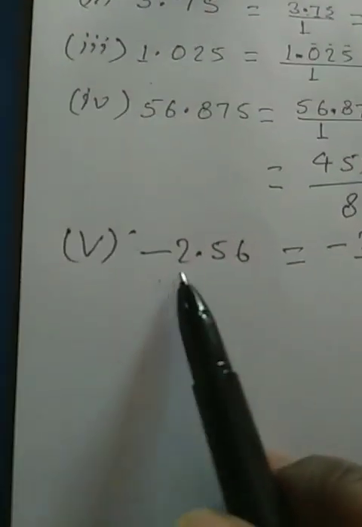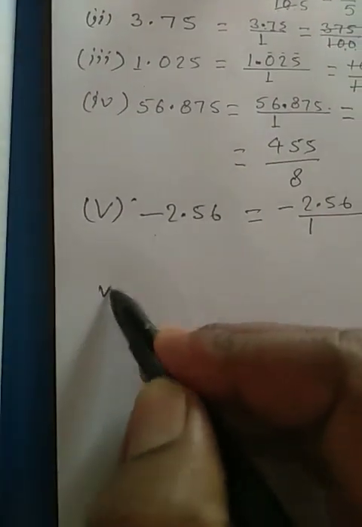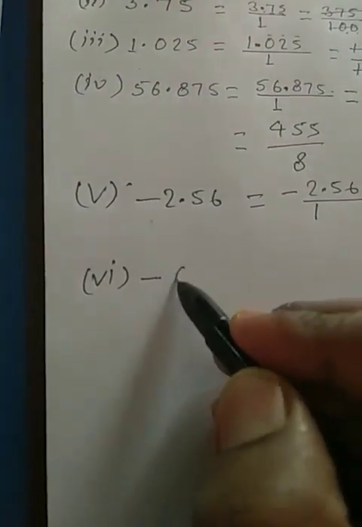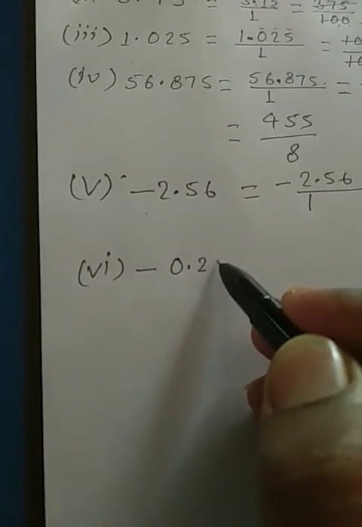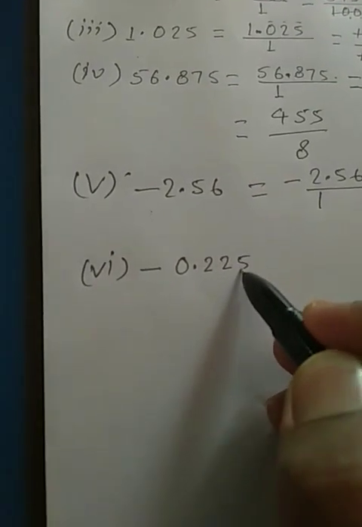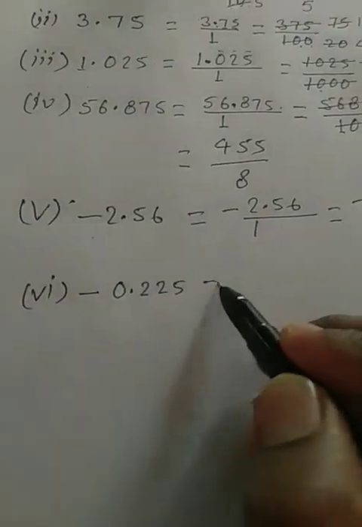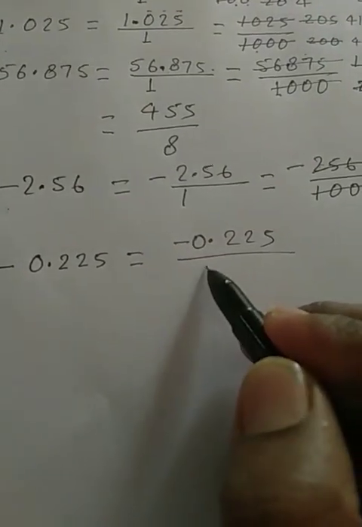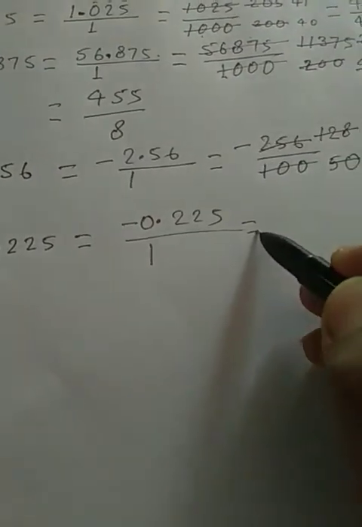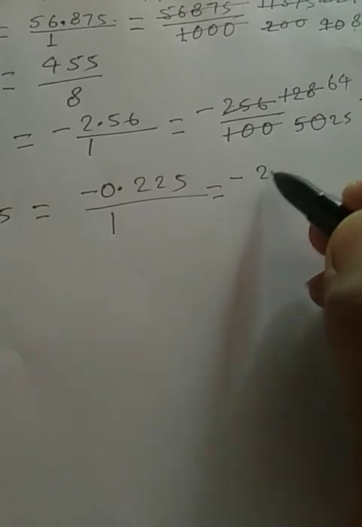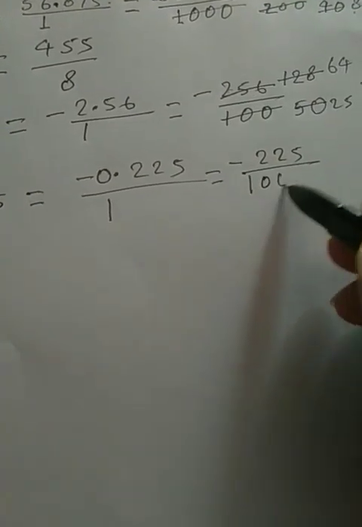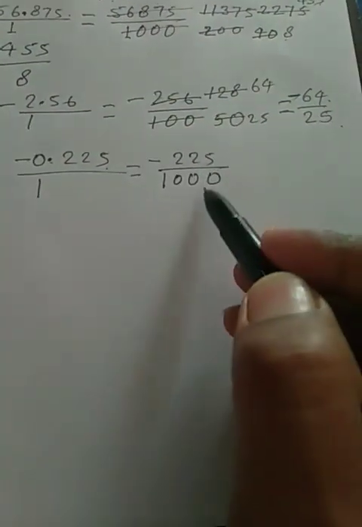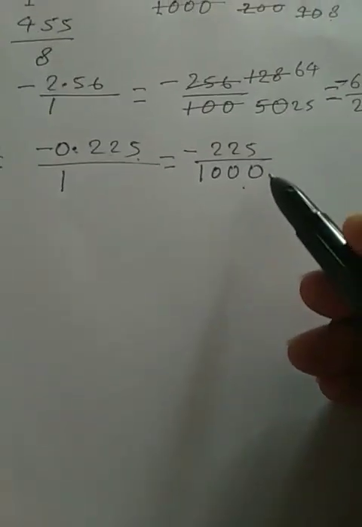Now again I am taking another example so that you can do it: minus 0.225. Now you can write minus 0.225 by 1, and then minus 225 by 1000, because on the right side of the decimal there are 3 digits, so I am putting 3 zeros.